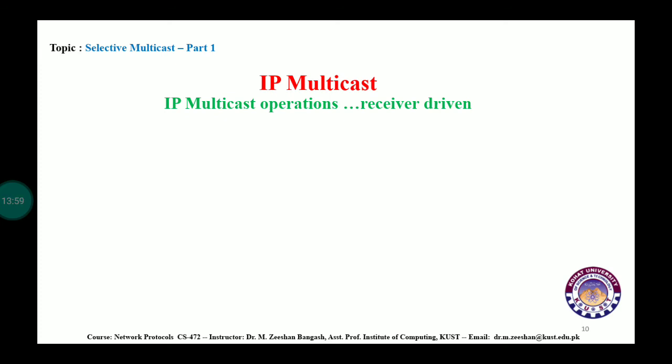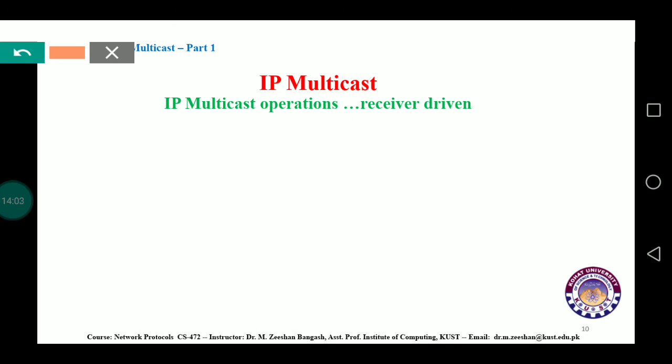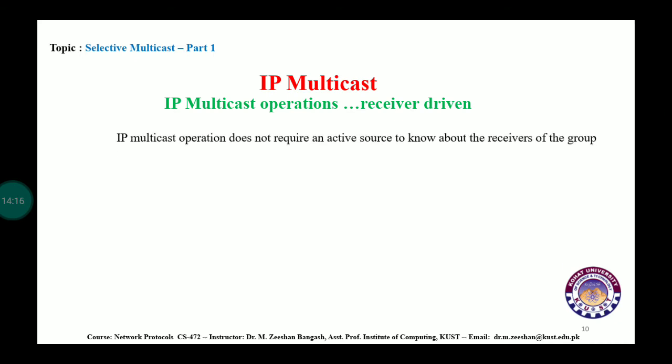One important point to consider is that IP multicast operations are receiver driven. What does that mean? Let's discuss this. IP multicast operation does not require the active source to know about the receivers of the group.